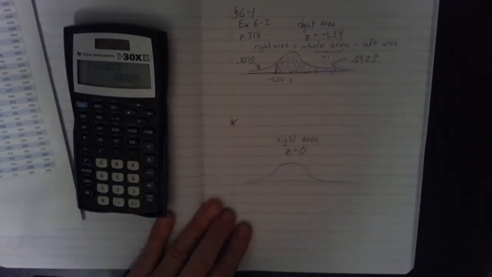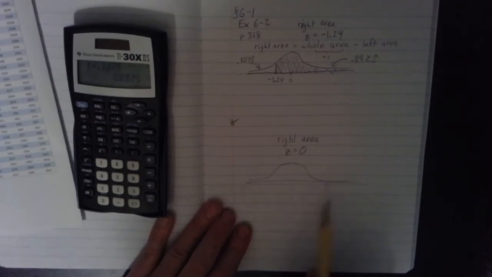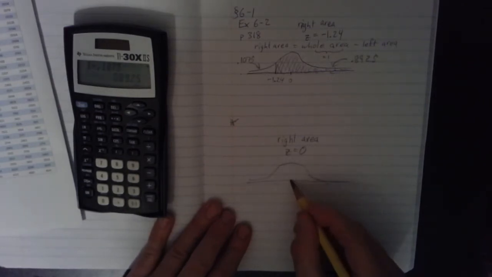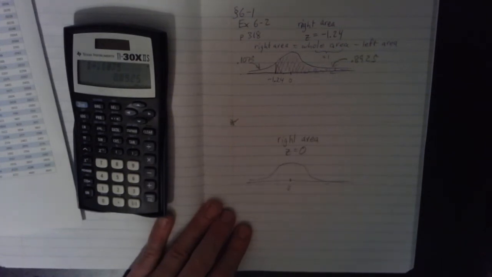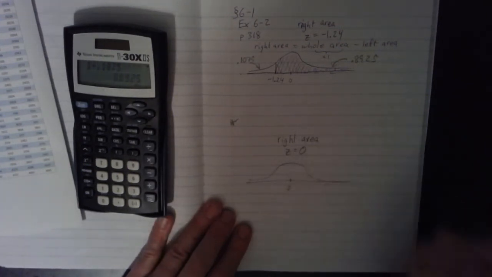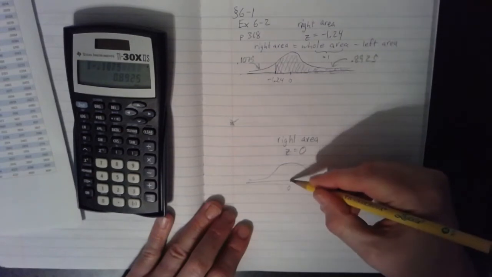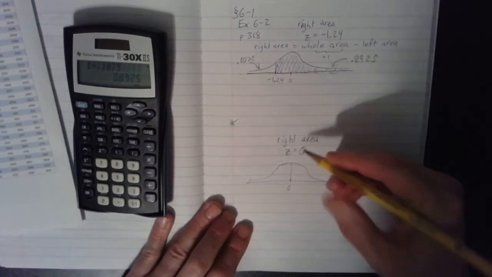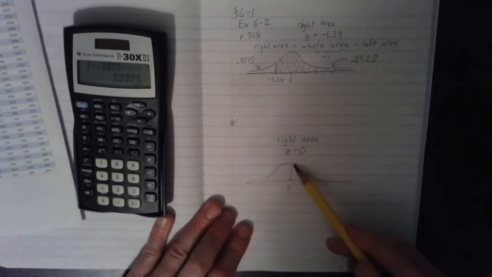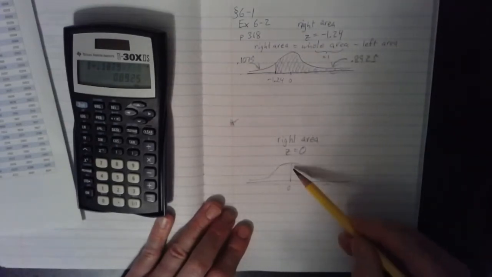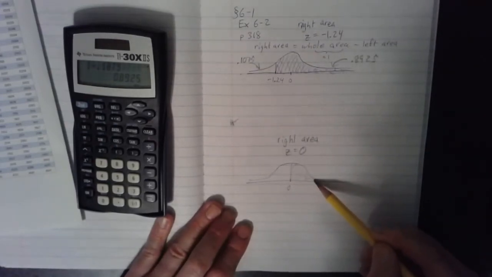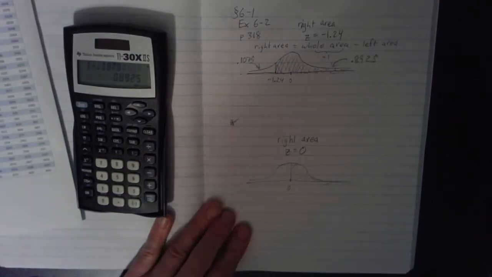It never touches the x-axis, but it's just a sketch. Here is 0 on our graph, and we know that that's right in the center. We're going to shade all of the area underneath the curve and to the right of z equals 0. So that is the right area there.